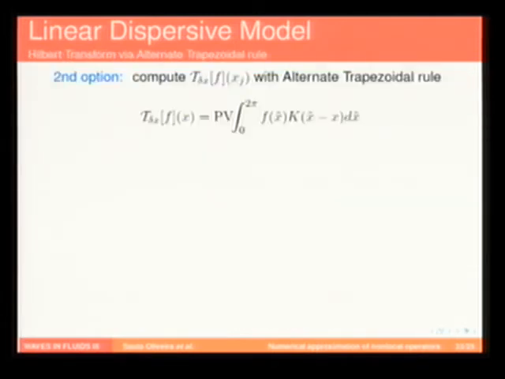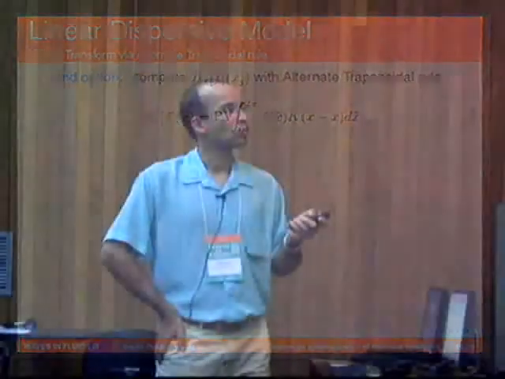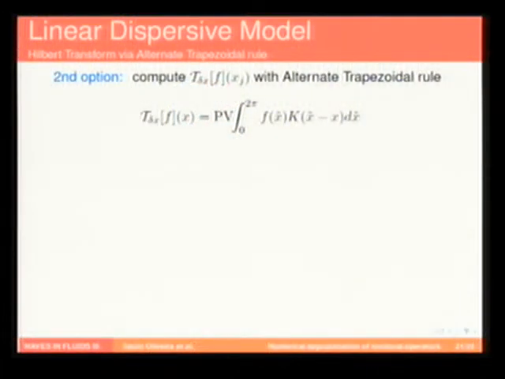Okay, now just this extra material about this is still ongoing work on computing the Hilbert type transform, but now not using spectral, not using the Fourier series, but trying to use approximation on physical space. We are considering the alternate trapezoidal rule.